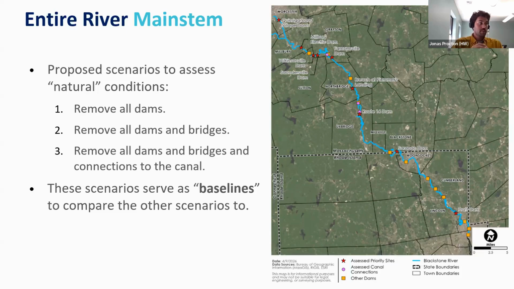So this serves as the baseline. We compare it to our existing conditions to understand how much human infrastructure has affected the river, but we also use it to understand how close our restoration scenarios get to this maximum possible restoration of the river. Not that it is really feasible, but maximum natural conditions.